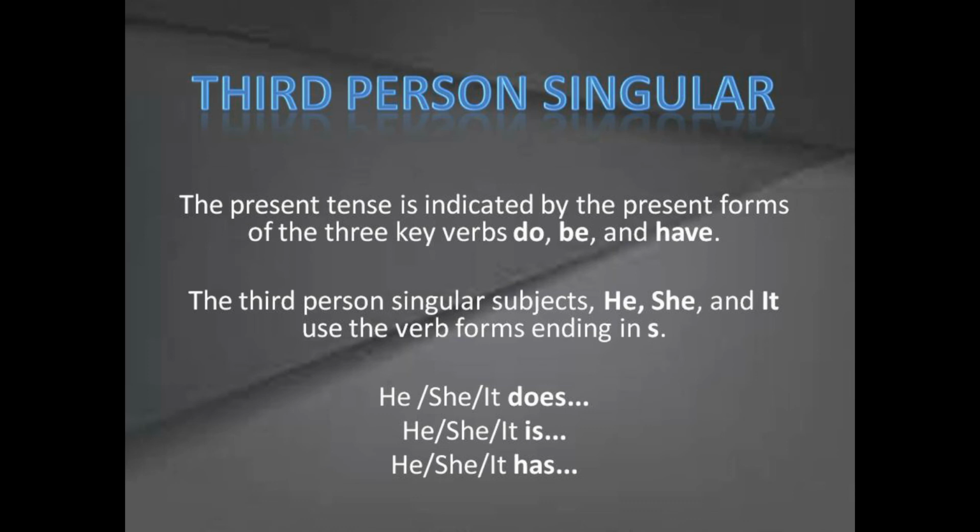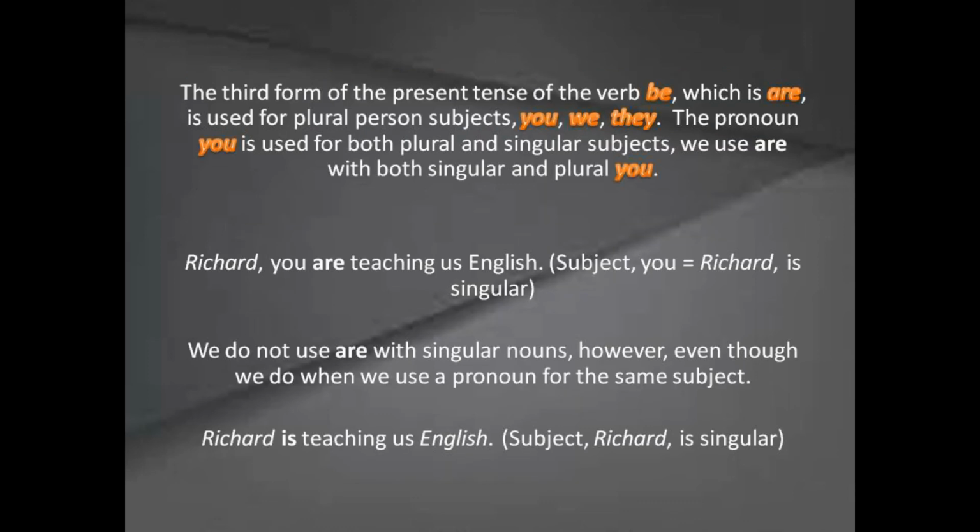As we continue, the third form of the present tense of the verb be, which is are, is used for plural subjects: you, we, and they. The pronoun you is used for both plural and singular subjects. We use are with both singular and plural you. For example, Richard, you are teaching us English.